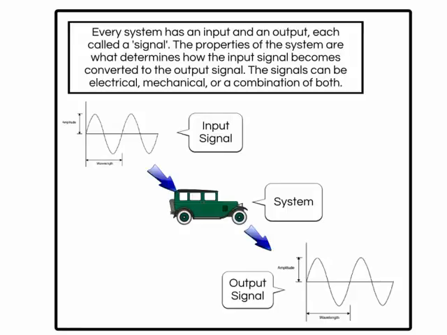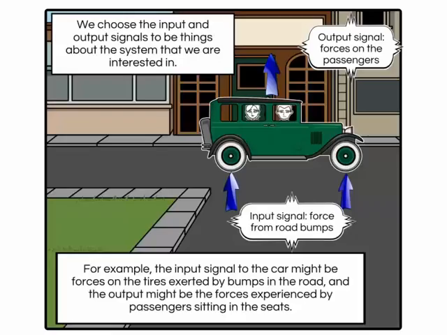You should also note that each system might have many different possible input signals and output signals. When you are analyzing a system, you get to select which input signal and output signal you are most interested in. I'll show you an example of that now.